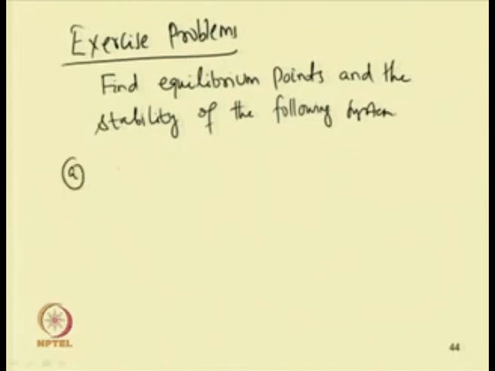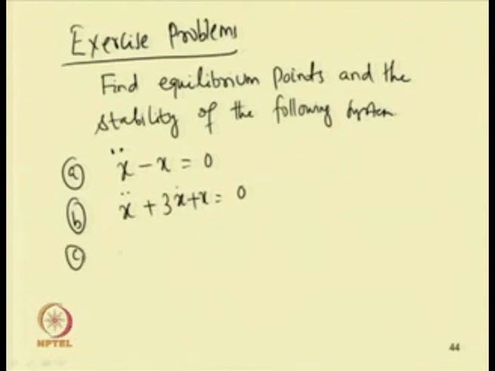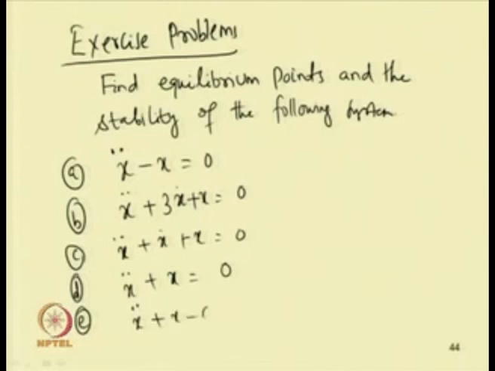Let us take this simple example, x double dot minus x equal to 0. Then x double dot plus 3 x dot plus x equal to 0, then x double dot plus x dot plus x equal to 0. These are simple equations one can take. Then x double dot plus x minus 0.1 x cube equal to 0.